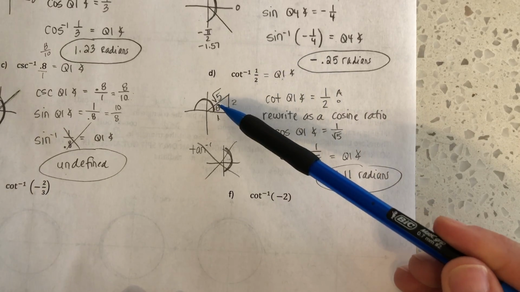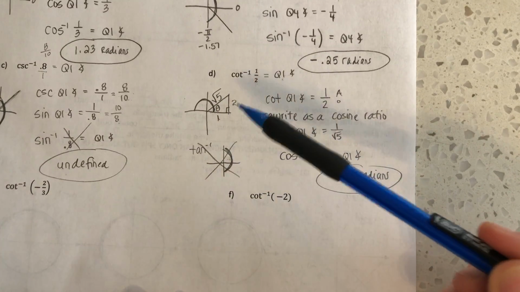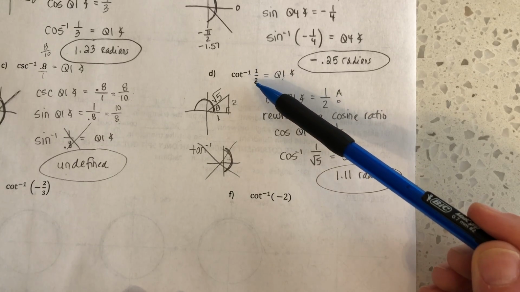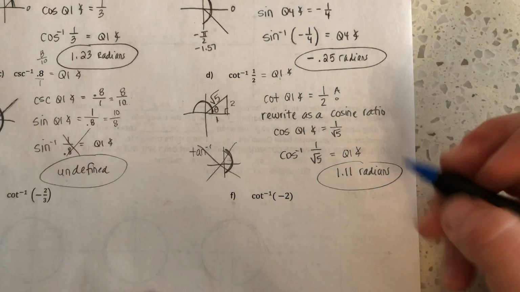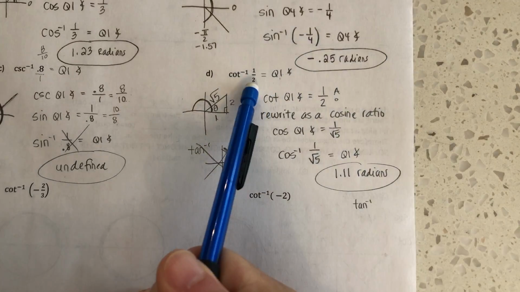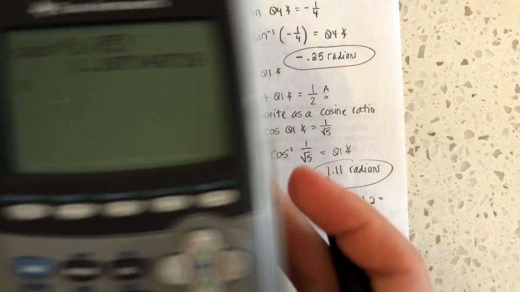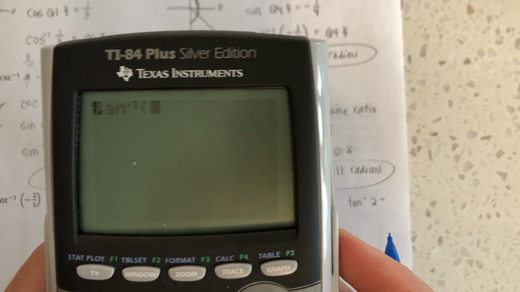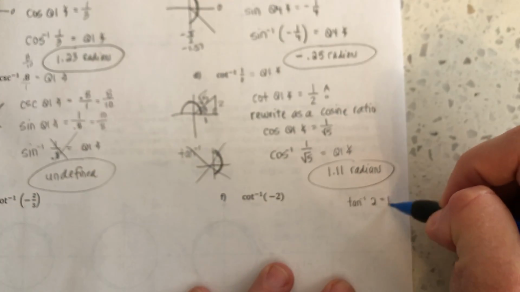Well, because we already knew the answer was a quadrant 1 angle and it can spit out a quadrant 1 angle, yes, you technically could have turned this into an inverse tangent problem. Watch this. The inverse tangent of that reciprocal, which is 2, is what? What is the inverse tangent of 2?